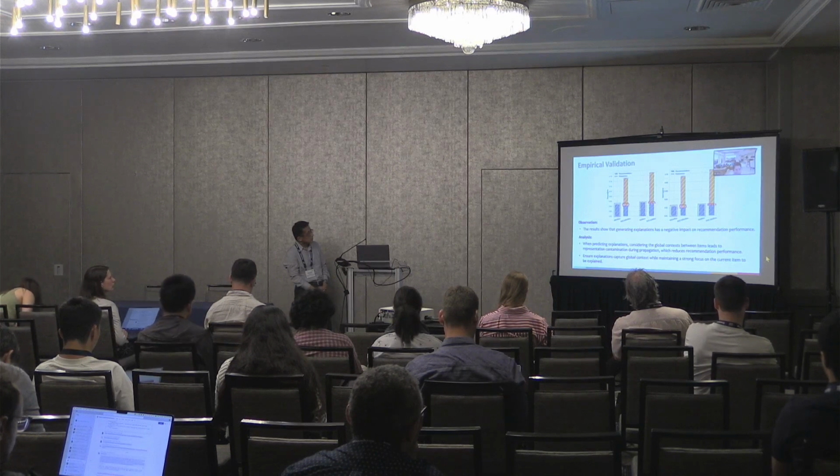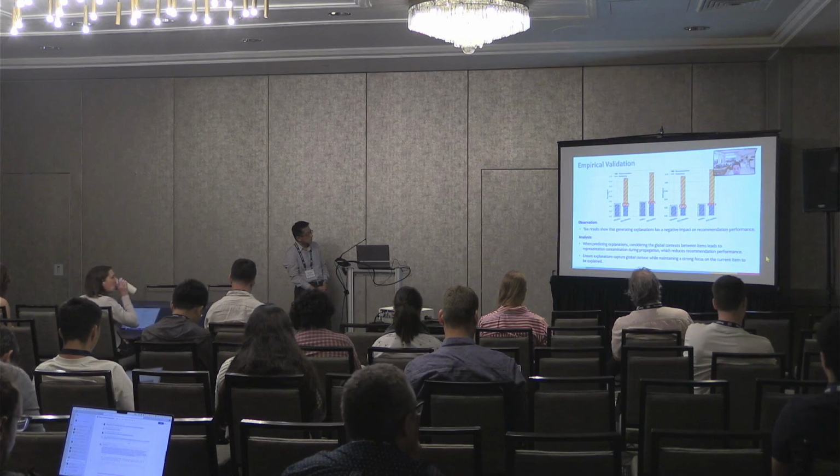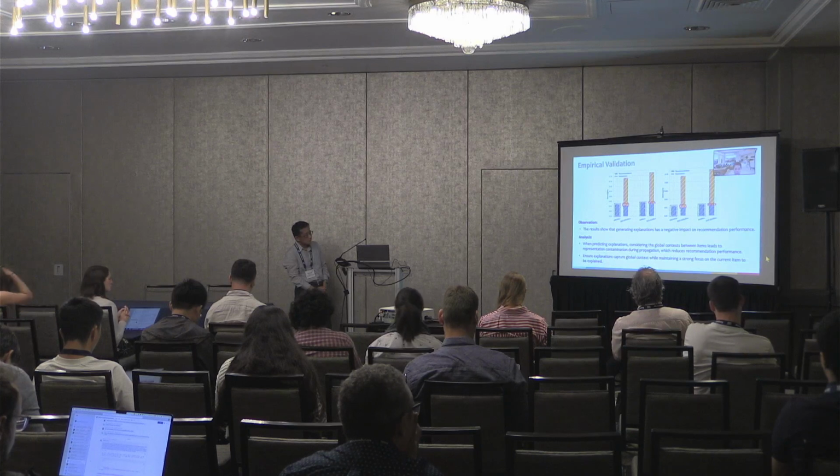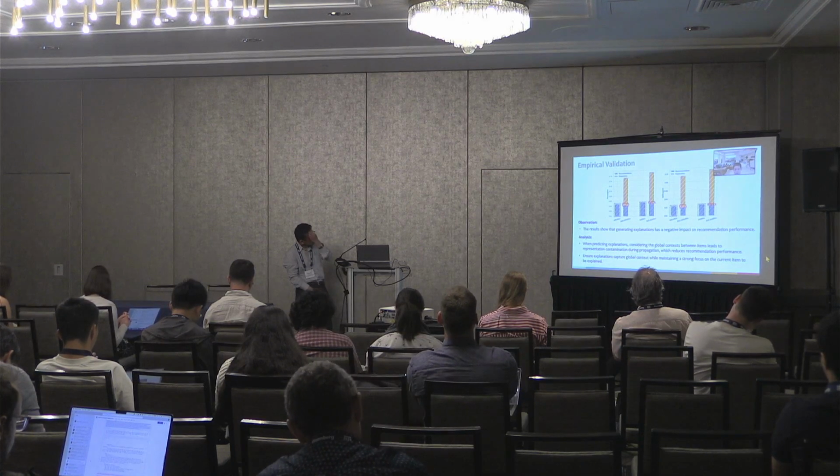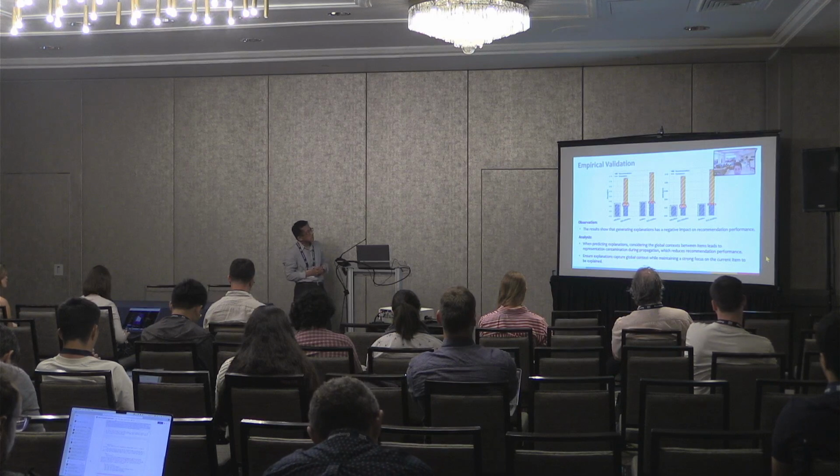The reason, we think, is that considering the global context between the items when predicting explanations can cause feature contamination, which in turn degrades the item representations and reduces the recommendation performance. Therefore, it is crucial to ensure the explanations can capture global context while also emphasizing the current item to be explained.